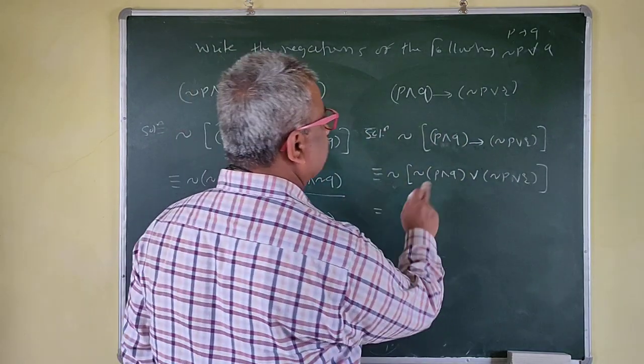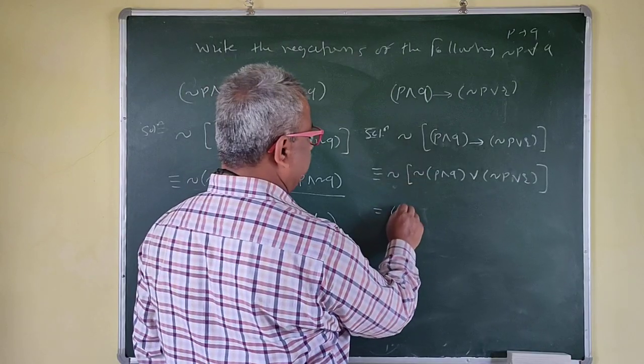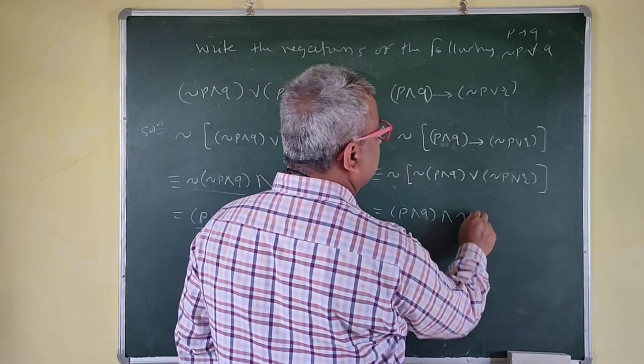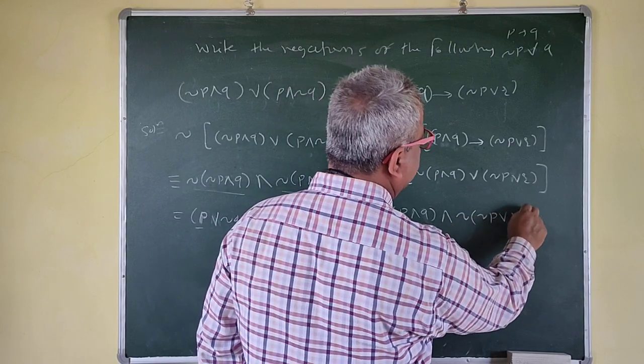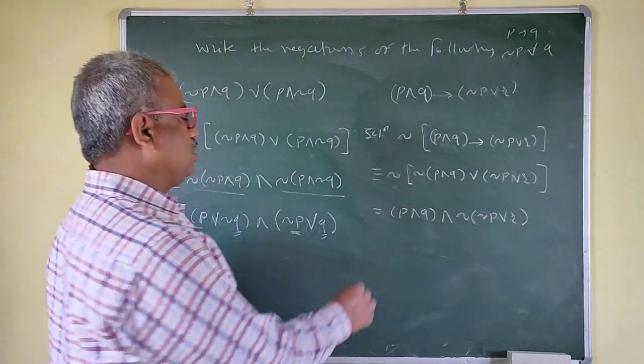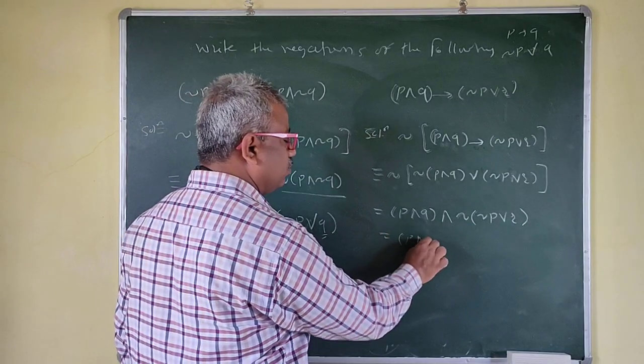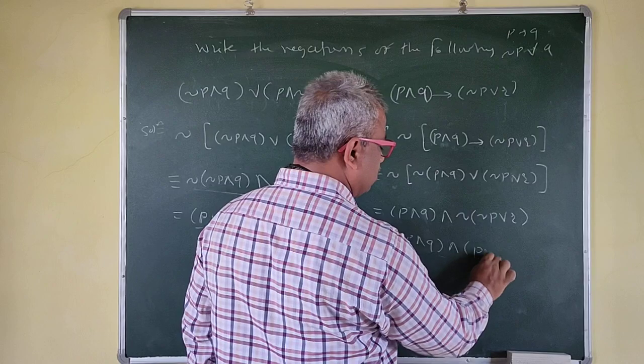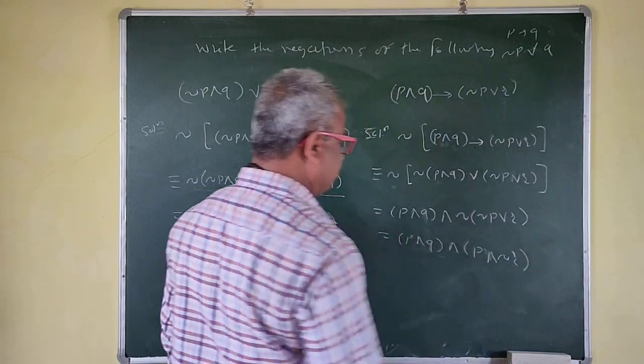Now apply this one. So this negation becomes itself, P. R becomes and. The negation of P or R. So this is P and Q, and this is P and negation R now.